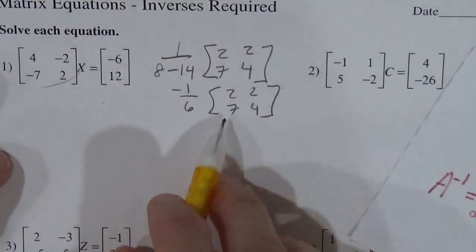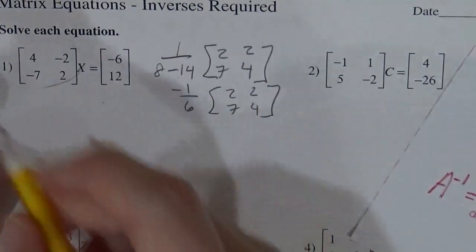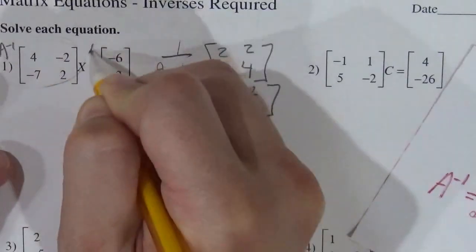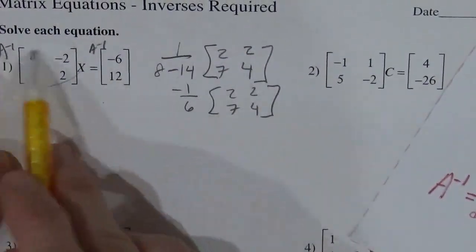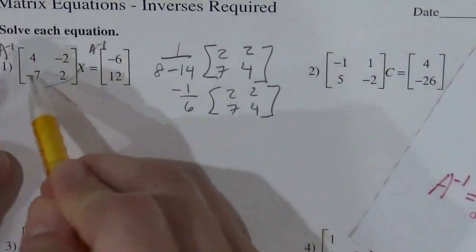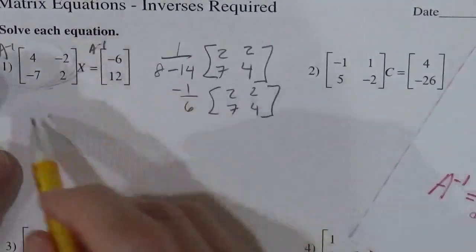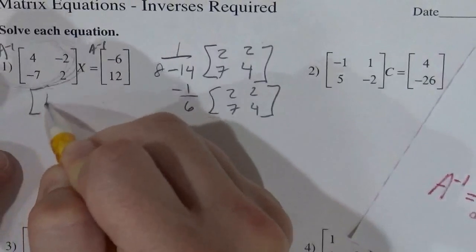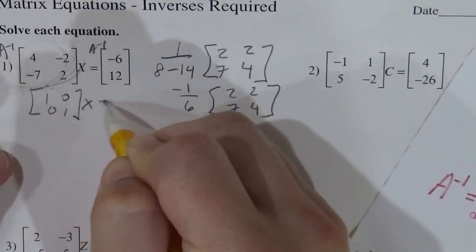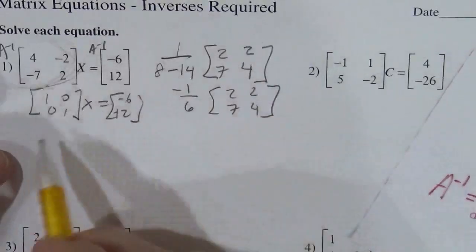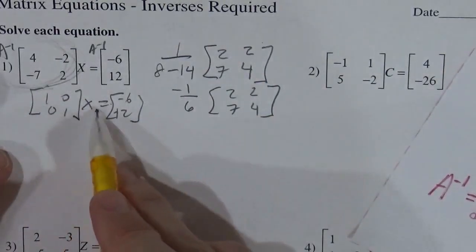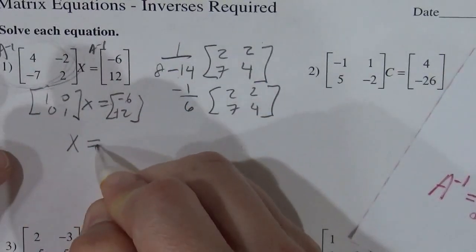So this is our inverse, and what we're going to do is multiply this inverse by both sides of the equation. And you can check it. If you multiplied this by this, it will give you the identity matrix, the 1, 0, 0, 1, and then if you multiply the identity times x, it'll just be x.